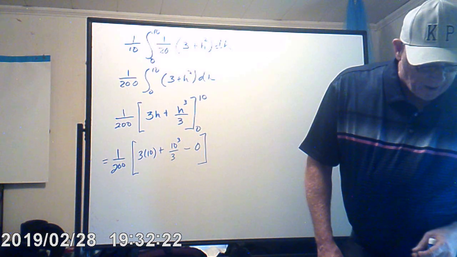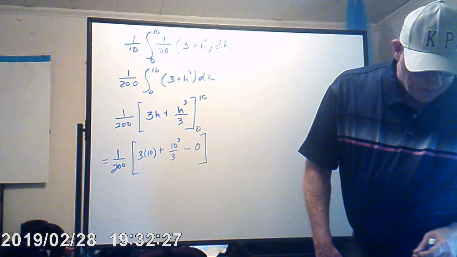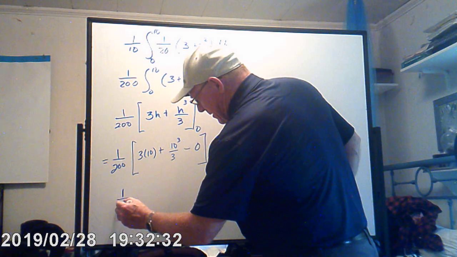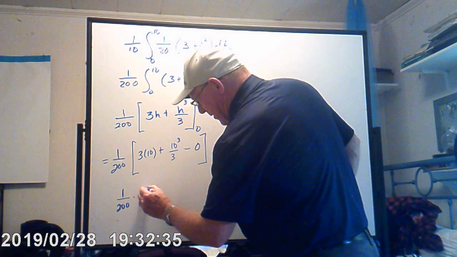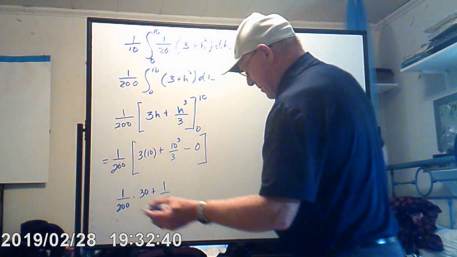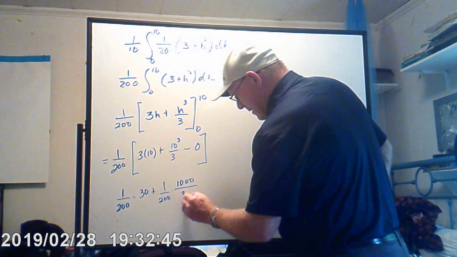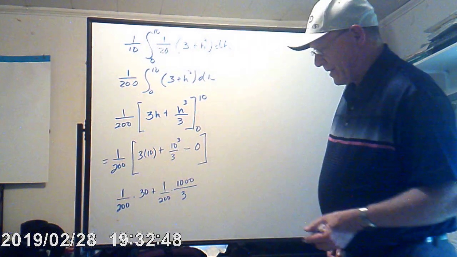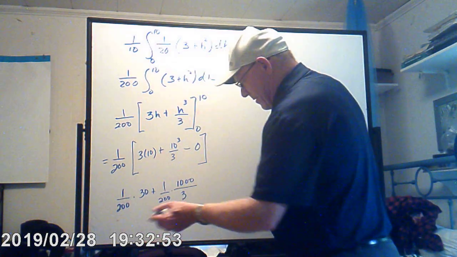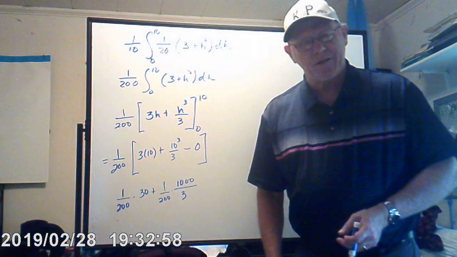If you're doing this by hand, you will get 1 over 200 times 30 plus 1 over 200 times 1000, just add 3 zeros to 1, and you should come up with your answer fairly quickly. I mean, you don't have to do this. You can probably just put this in your calculator and get your answer just the same.